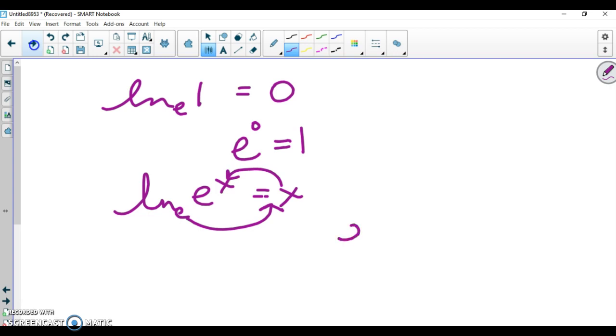Along with that, e to the ln x, ln x as an exponent, equals x. What's happening here is e to the log base e up here cancels, and we're left with x, x equaling x.